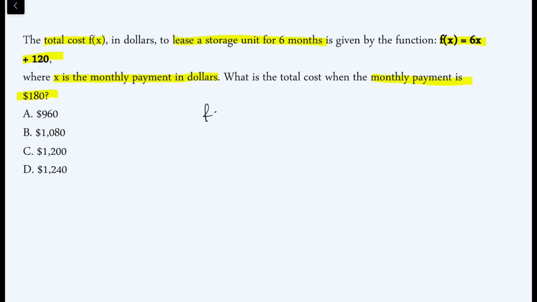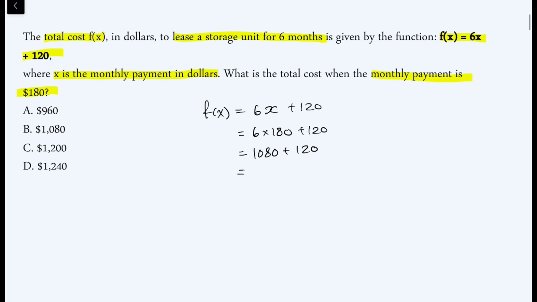Okay, f of x is the total cost, 6x plus 120. x is the monthly payment in dollars. They're telling us, let's assume the monthly payment is $180. So 6 times 180 plus 120. 6 times 180 is 1080 plus 120, which is 1,200.